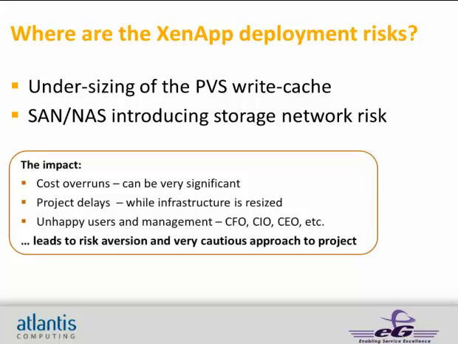Obviously, most of these challenges you will discover late in the cycle, and so there will be delays in your project while your infrastructure is resized. But most importantly, the critical stakeholders, the guys who sign the checks, are not going to be very happy, as well as the users, and that can be a massive problem. And this typically is what leads to a lot of risk aversion and people being very, very cautious when they approach XenApp virtualization projects.